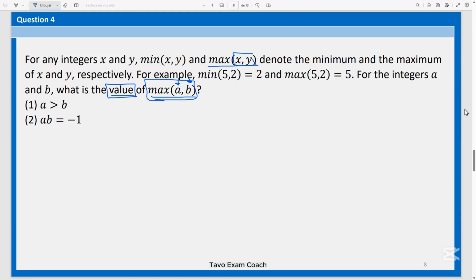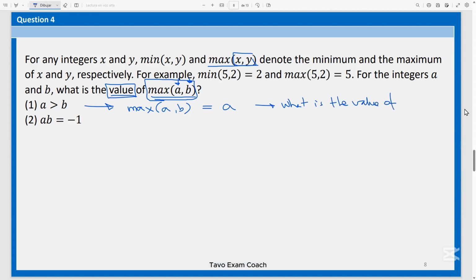So statement 1 alone is not sufficient. Why not? Because knowing that a is greater than b simply means that the output of this function, max of a and b, equals a, because a is the greater of the two numbers. But then with this, we would have only changed the original question into this: what is the value of a?